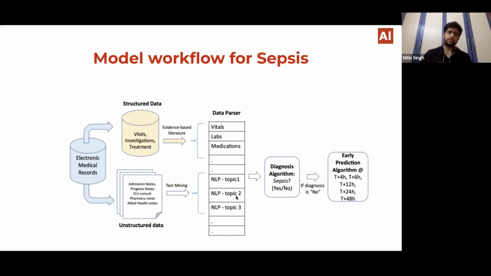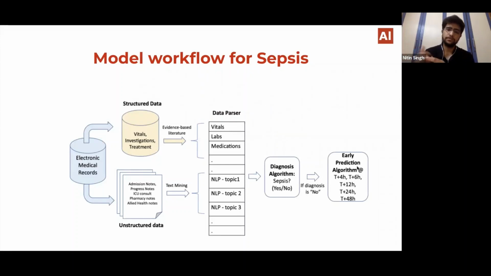Then you have your trained model. This is something we are talking about at the production level. You have your trained model, and whether a sepsis is diagnosed, yes or no. If no, then that particular encounter of a patient goes into a T+4H, that specific time plus 4 hours, or that specific time plus 6 hours.